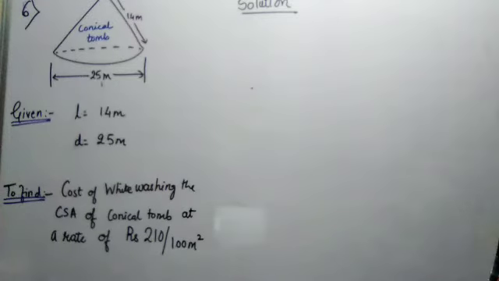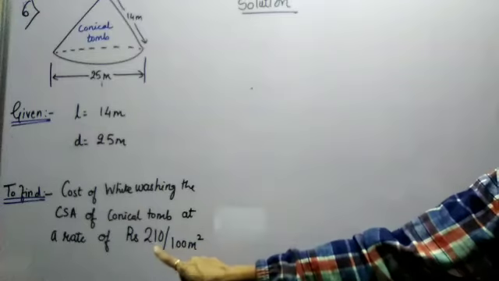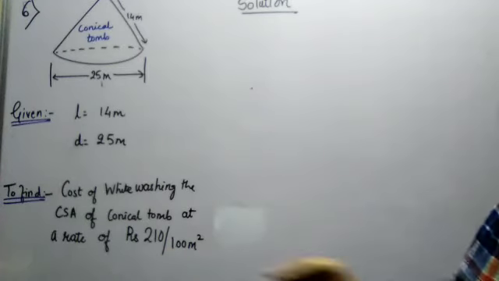So first we need to find out the area and then we are going to divide it by 100, because the rate is given as 210 rupees per 100 meters square. So we have to find out the cost of whitewashing.